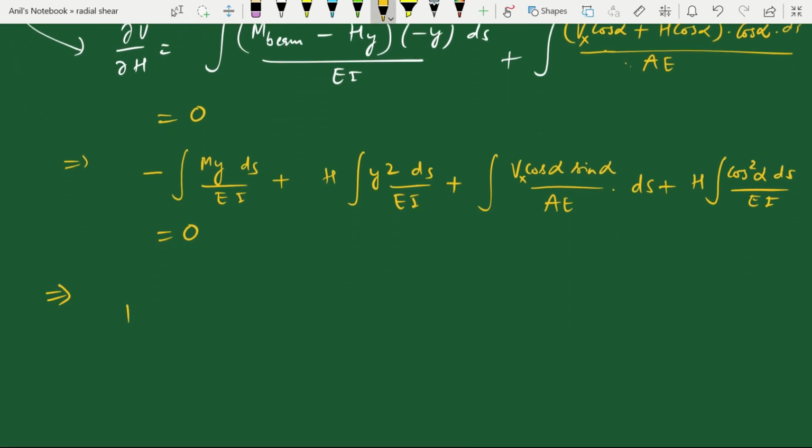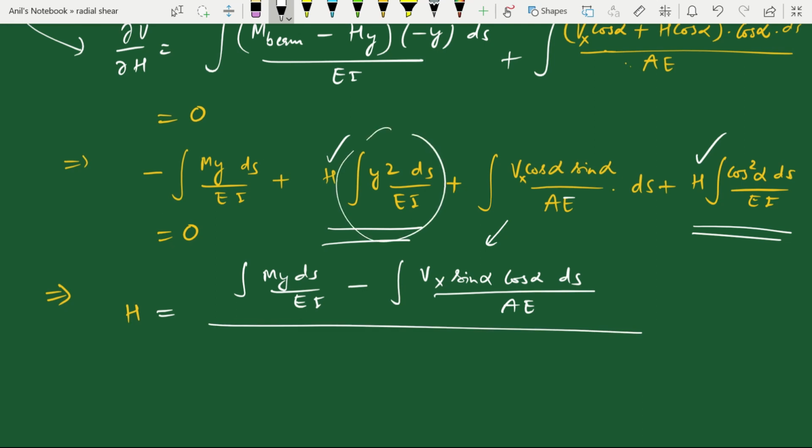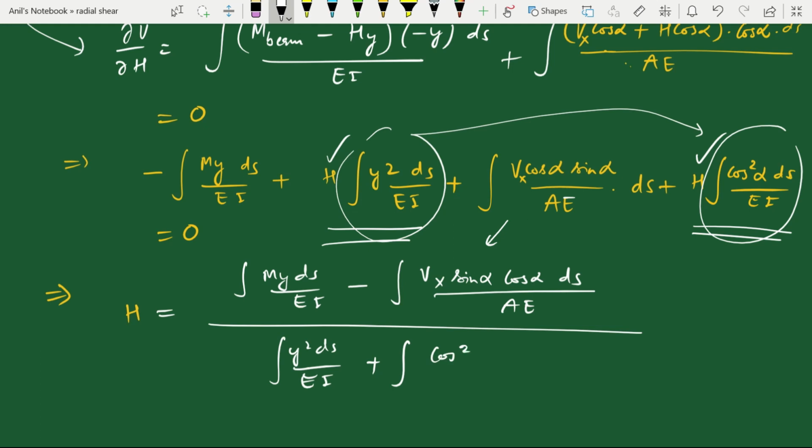Now from here we can get H. So H can be taken as common from these two terms, and we can get H as integration My ds upon EI minus this term integration Vx sin alpha cos alpha ds upon A divided by these two terms added, integration y squared ds upon EI plus integration cos squared alpha into ds upon AE.